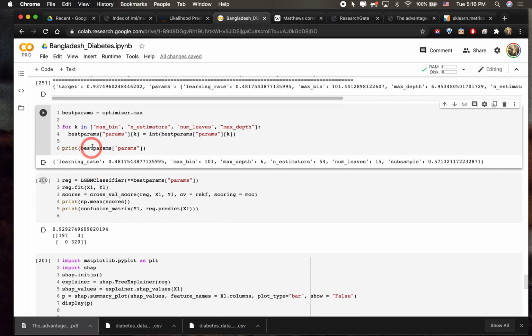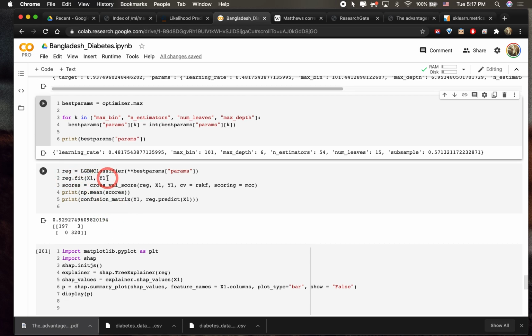I'm going to take these best params. Here I didn't save it as something else, but I'll take the best params, and remember the 2 asterisks are how you put a dictionary of hyperparameters into this as an argument. So I'm training the LGBM with these parameters.